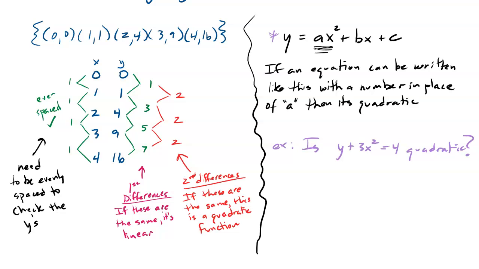And that's your method of figuring out if it's quadratic. The one up on top has y by itself, so you would subtract 3x squared. And we have a number on the x squared. So that's really all we were looking for.